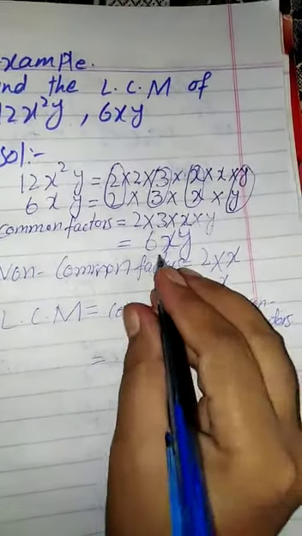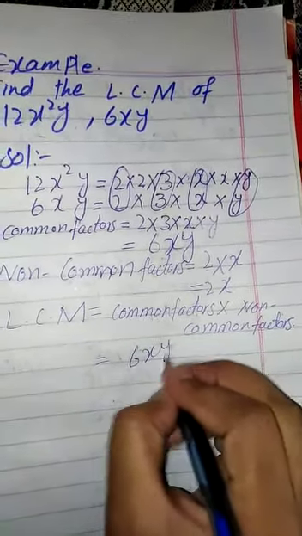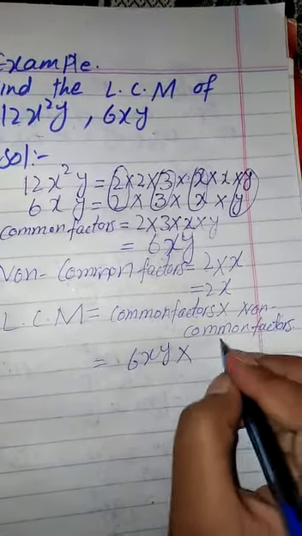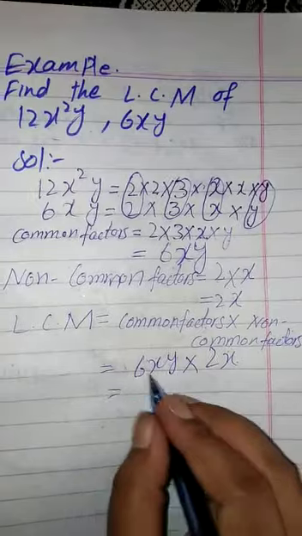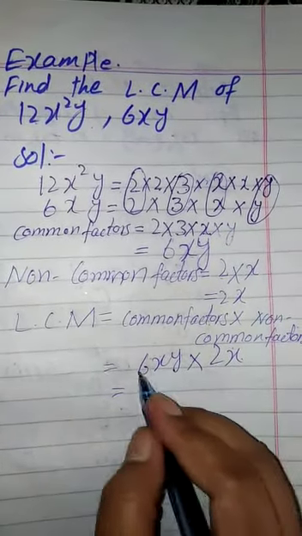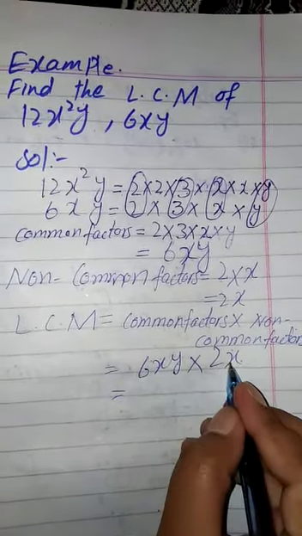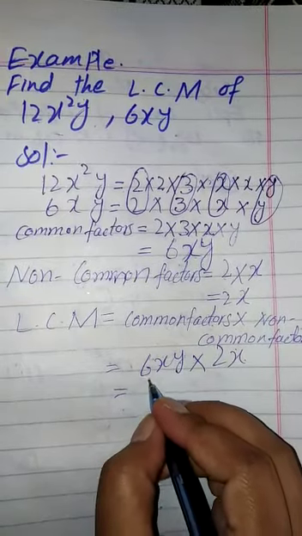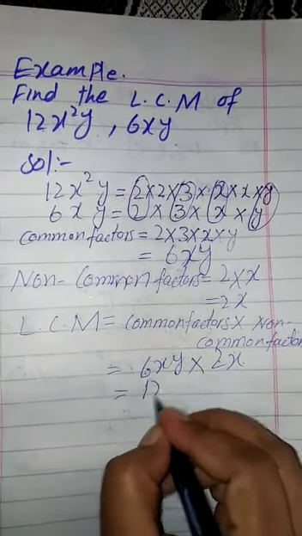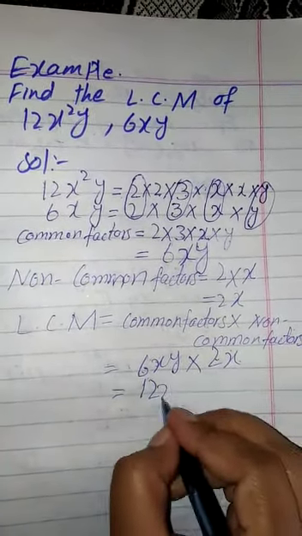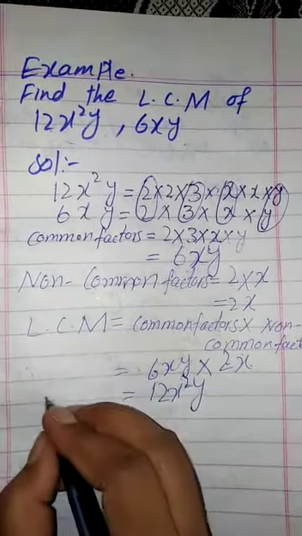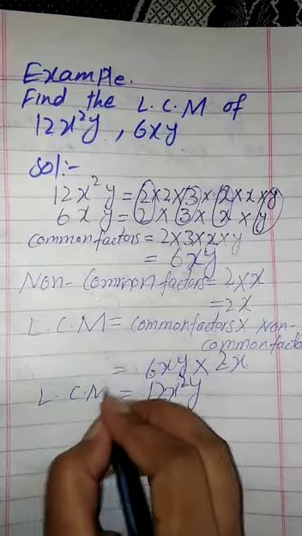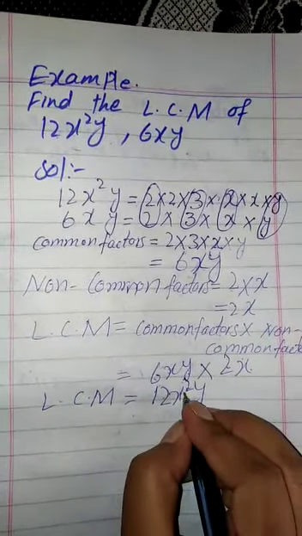The common factor is 6xy multiplied by the non-common factor 2x. 6xy multiplied by 2x. The answer is 6 2s are 12. x multiplied by x is x square, and y. So the LCM is 12x square y.